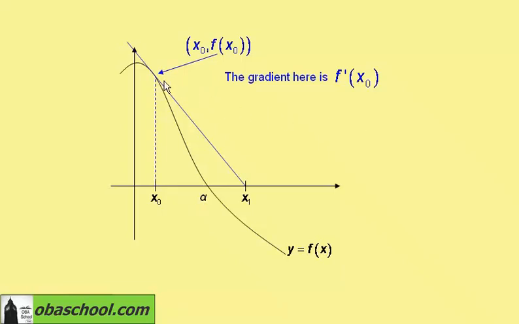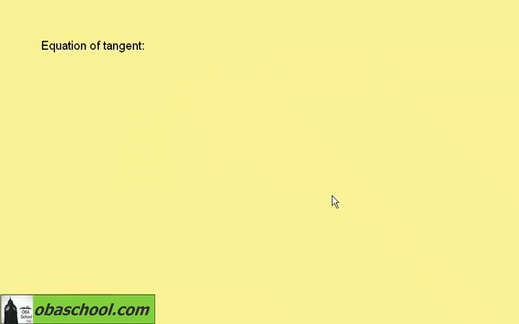What we're going to do next is look at the equation of this tangent. We know the gradient is f dashed of x0, and that the tangent passes through the point x0, f of x0.